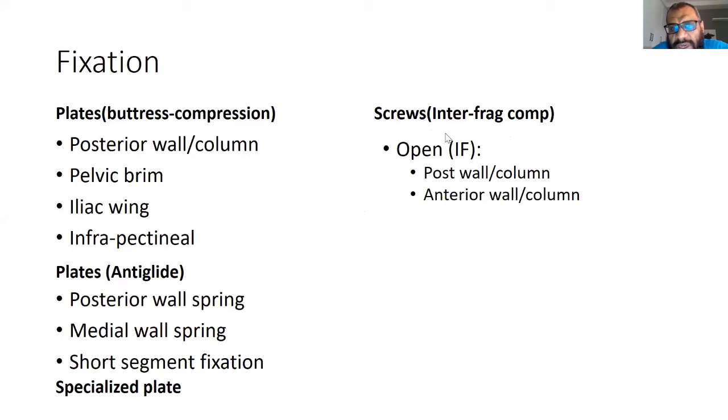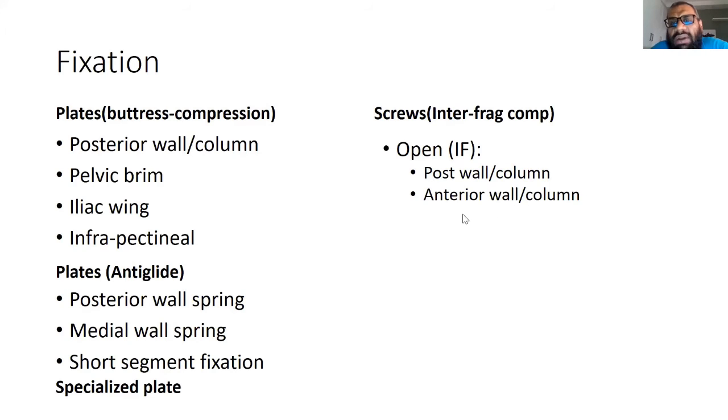Either you put it in the open classic method, so you see the screw while you're doing it, and you fix the posterior wall or column. There are safe trajectories that you should know: where to start, where to end, what your direction is, to avoid putting the screw intra-articular or through the fracture, or going beyond the bone to dangerous soft tissue.